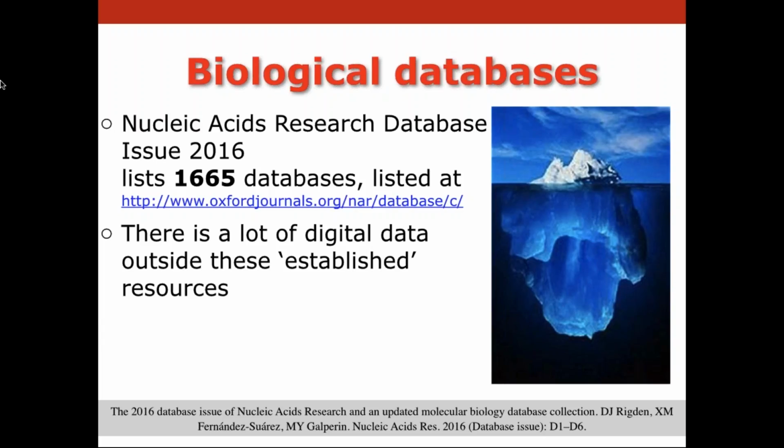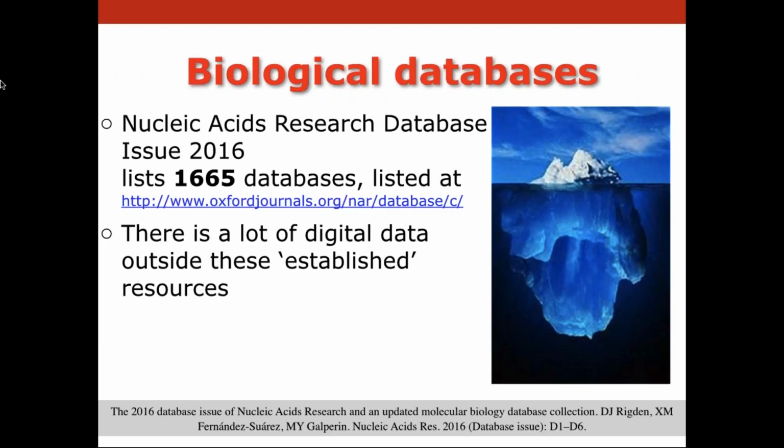I want to point out that this is not an exhaustive list of all the databases that exist. The NAR database issue selects resources that are deemed of high quality, that are non-redundant with other existing resources. So in other words, if you want to propose a repackaging of other databases, it's usually not going to make it in the collection of databases. And also, they select resources that are maintained.